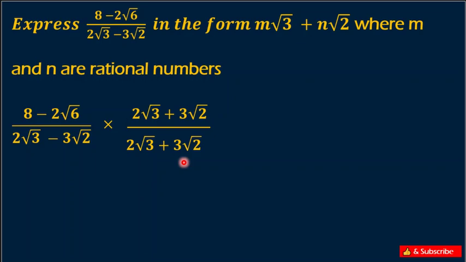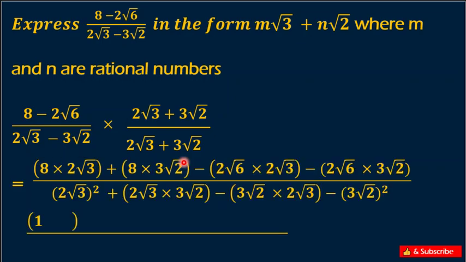Now from here, we just have to simplify. And so we have 8 times 2 root 3. This times this is what we are having here. We also have 8 times 3 root 2, and this is what we have here. Then we take this expression and multiply by this.